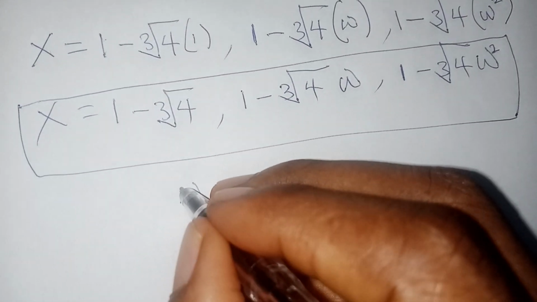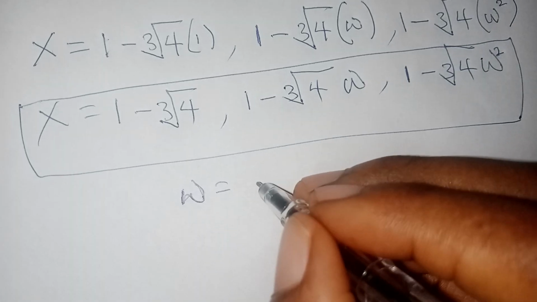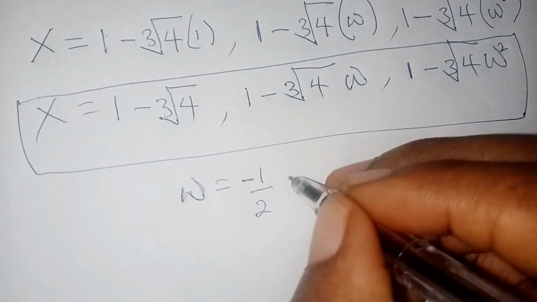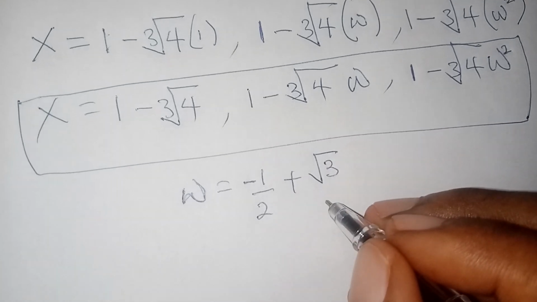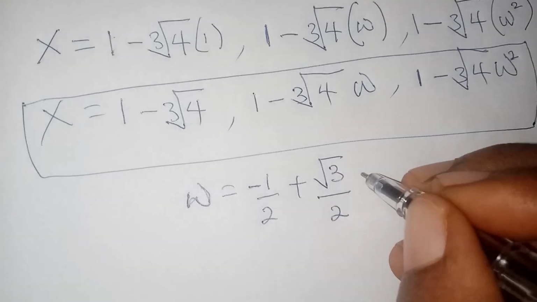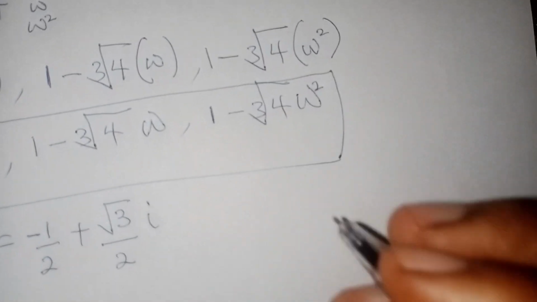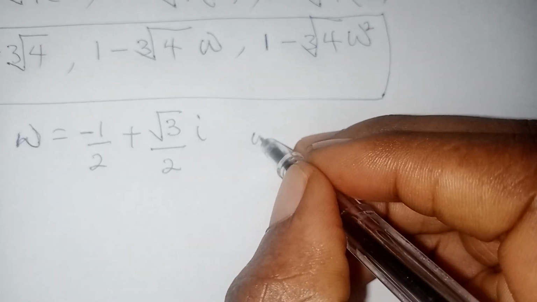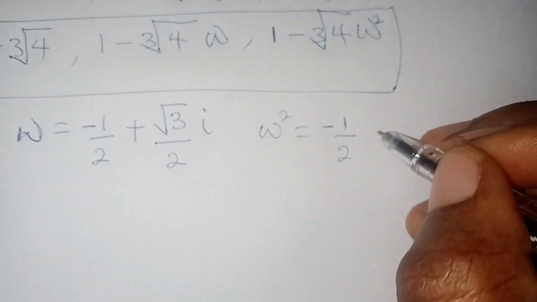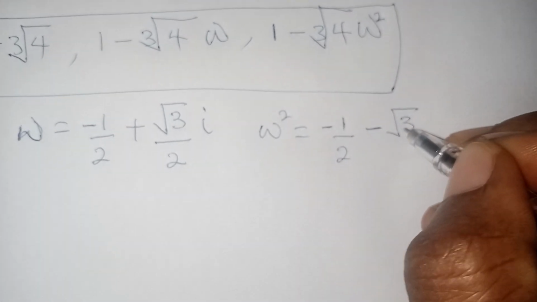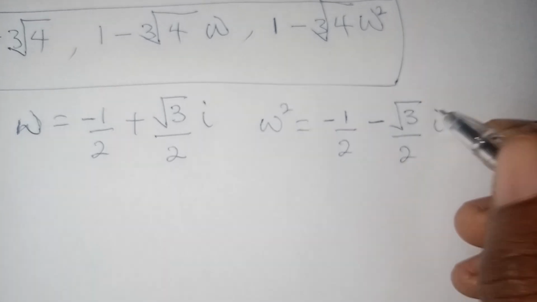For you to know the value for omega, it's minus 1 over 2 plus root 3 over 2i. And for omega squared, it's a bit different: minus 1 over 2 minus root 3 over 2i.